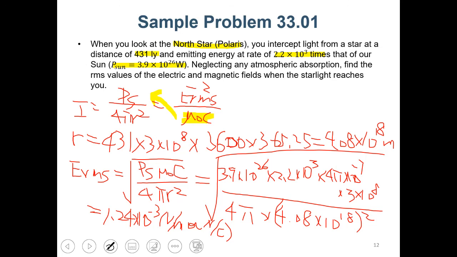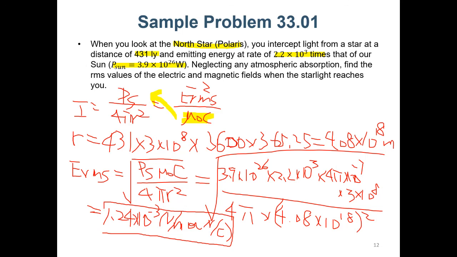Actually, they should be the same. So E RMS should be like this, and it asks you to find the RMS value of the electric and magnetic field when the starlight reaches you. So E RMS is like this.